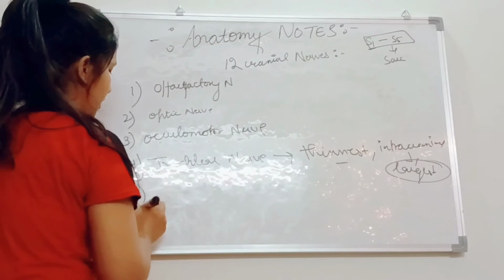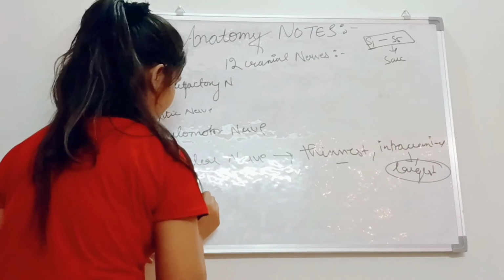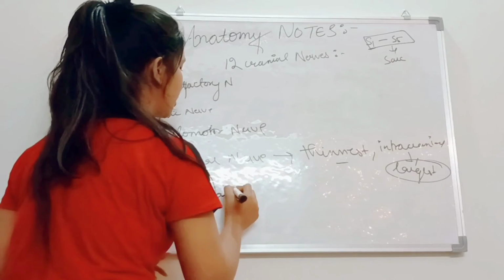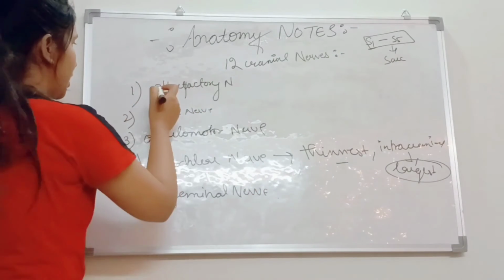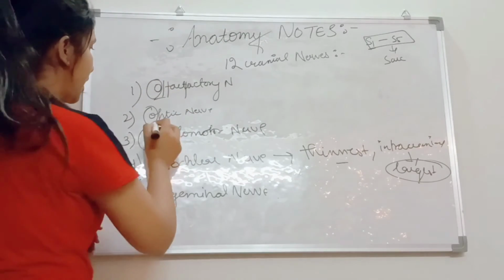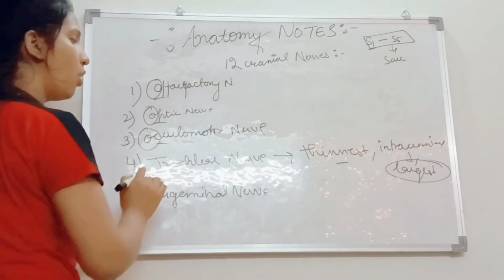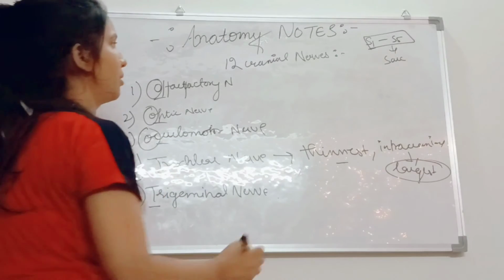The fifth is the trigeminal nerve. So these are the basic things and you have to remember them. These are easy: 3 start with O. The first is the olfactory, second is the optic, third is the oculomotor, fourth is the trochlear, fifth is the trigeminal.